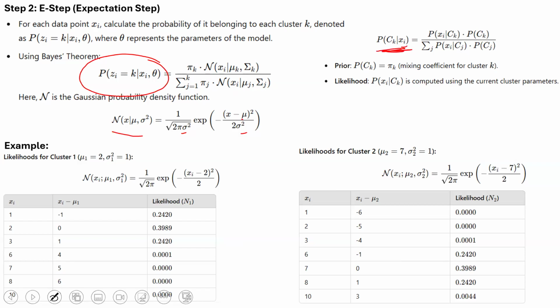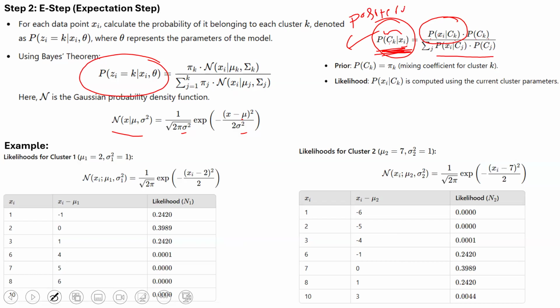The probability of a point belonging to the cluster C is given by the probability of xi belonging to the cluster times the probability of ck, divided by the probability of this one. Finally, we want to find the probability of a point belonging to a cluster, which is the posterior probability.